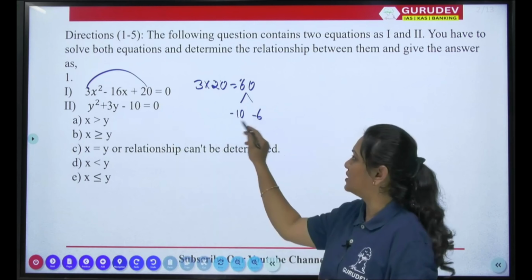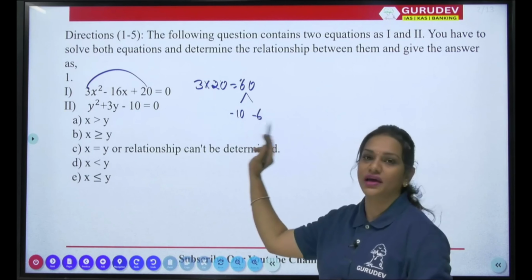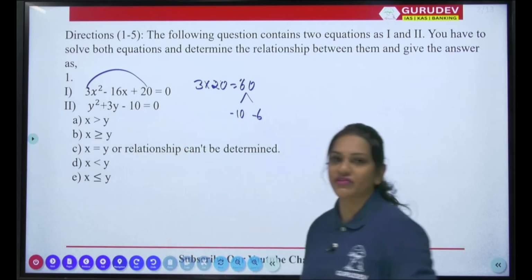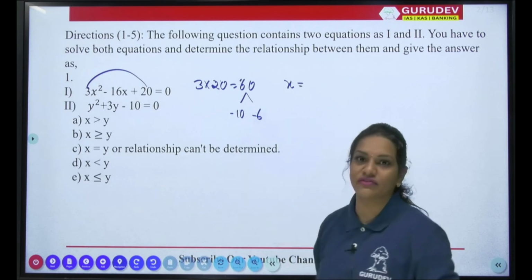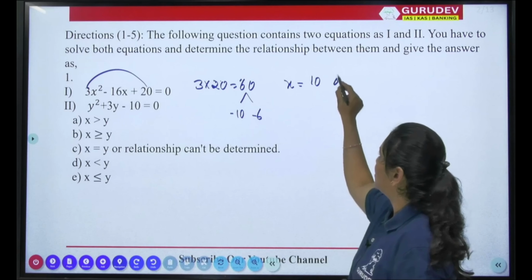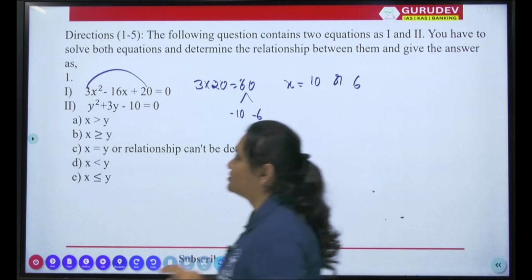Minus into minus will be plus, 10 into 6 is 60, and minus 10 minus 6 is minus 16. It is satisfying, so the roots of x will be the opposite of minus 10, which is 10, and the opposite of minus 6, which is 6.